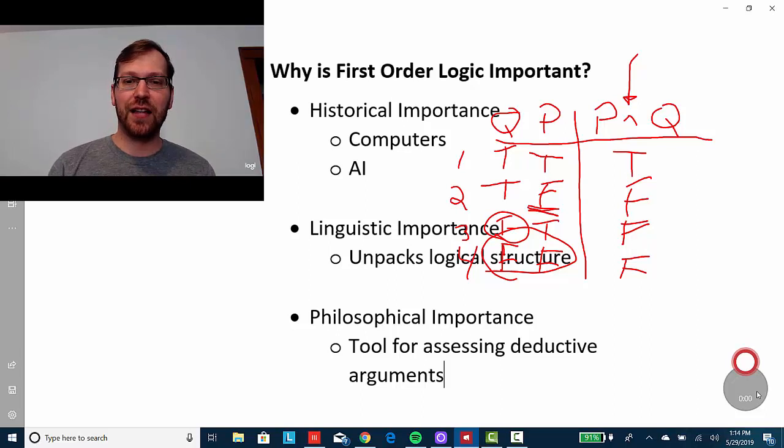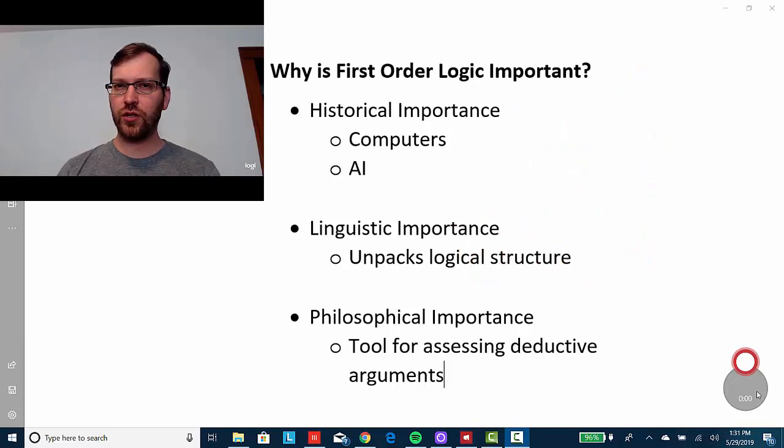All right, let's take a look at the linguistic importance of first order logic. First order logic, by using symbolization, has allowed us to study our language, study natural language, and specific aspects of natural language in more detail. So we've already seen in the previous video some of the symbols that are going to be available to us.